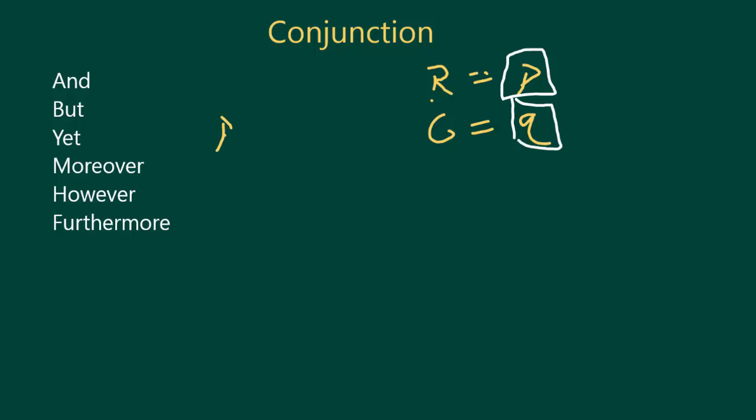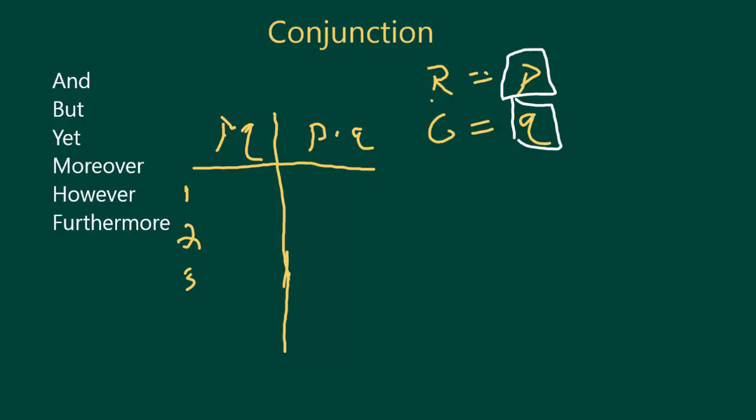So since a conjunction is a binary connective, we have to be worried about two propositions, P and Q. And what we're asserting is P and Q. Turns out that unlike the negation, where we only had two circumstances to worry about, we're going to have to worry about four circumstances.